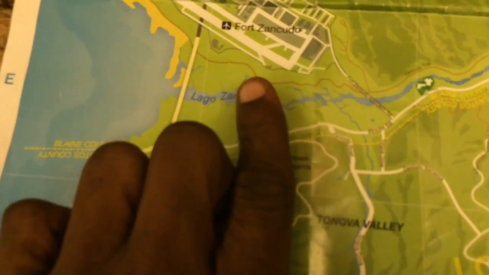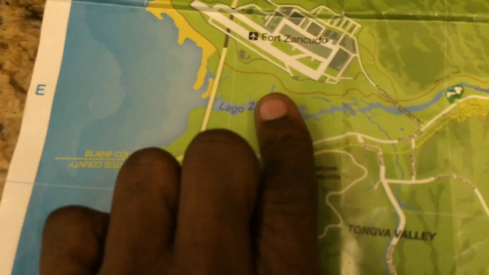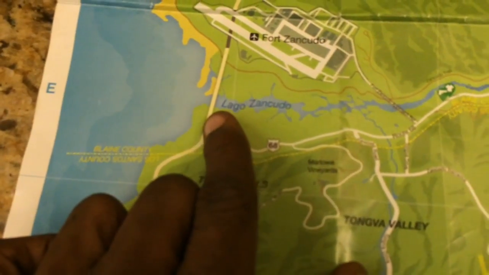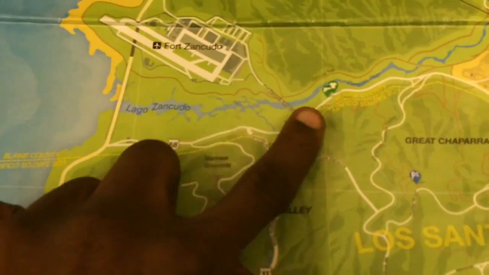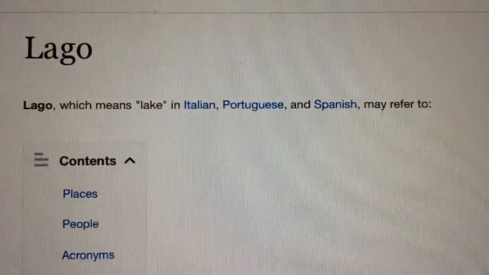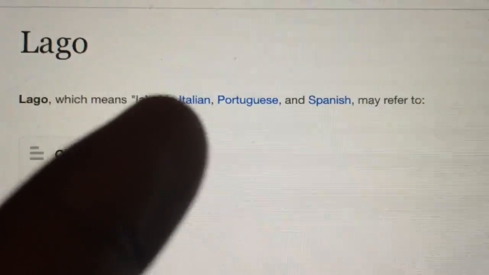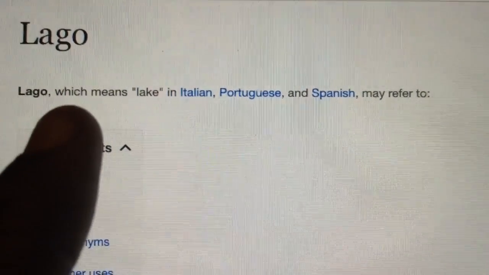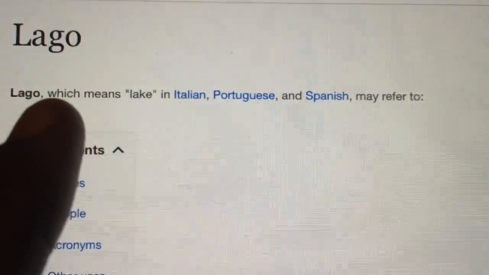But more importantly, why is Lago Z right here? And it's actually the lake of Fort Zancudo. But when you segregate Lago from Lago Z, it creates a lake within its definition.